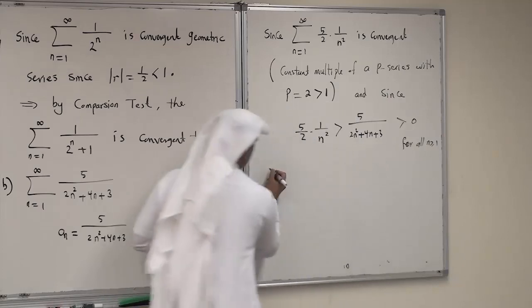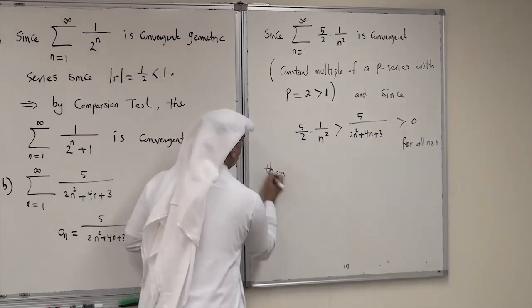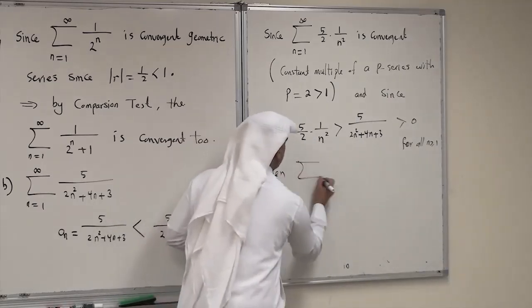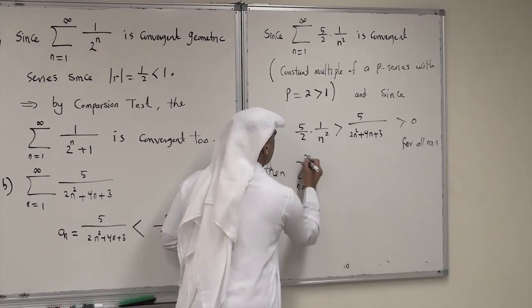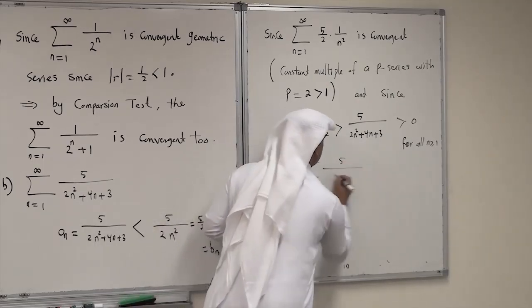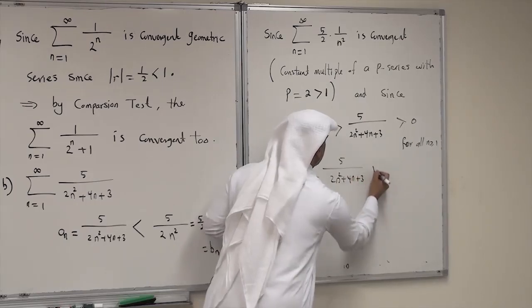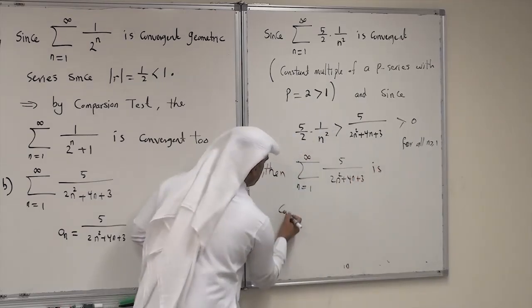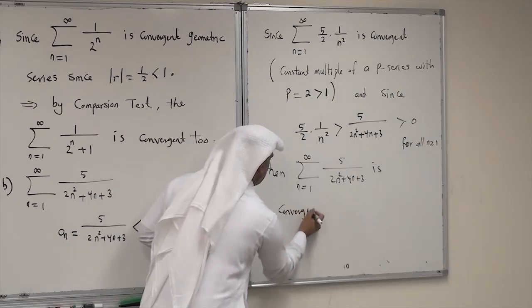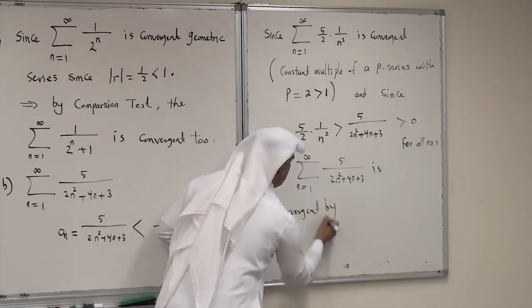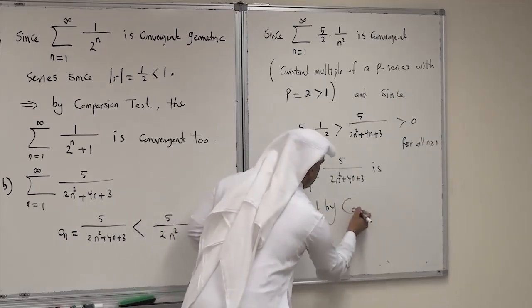So the conclusion is the following: the series from n equal to 1 up to infinity of 5 over 2n squared plus 4n plus 3 is convergent by the comparison test.